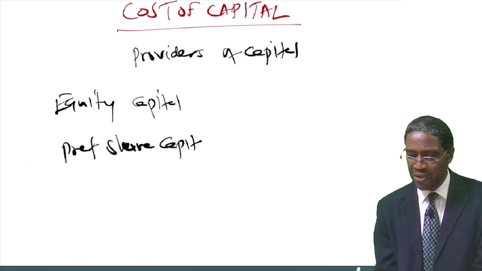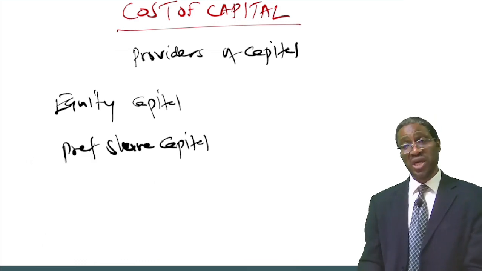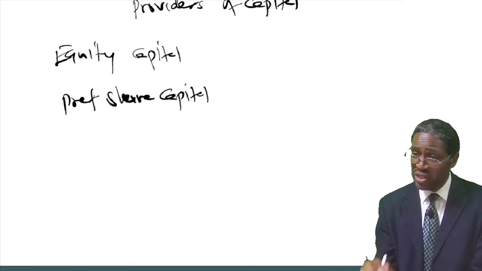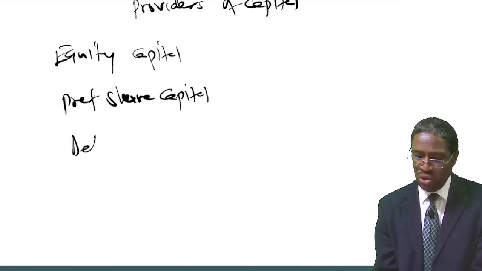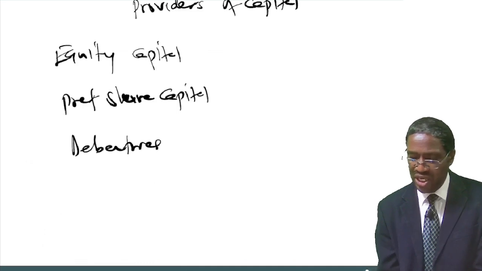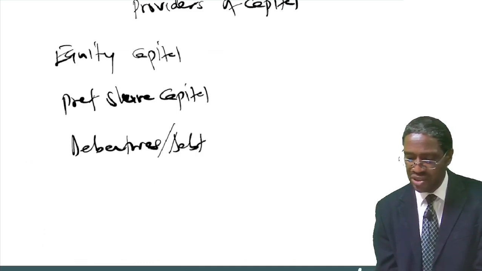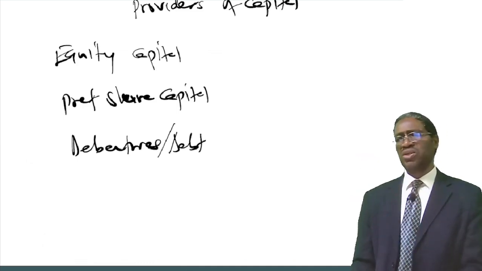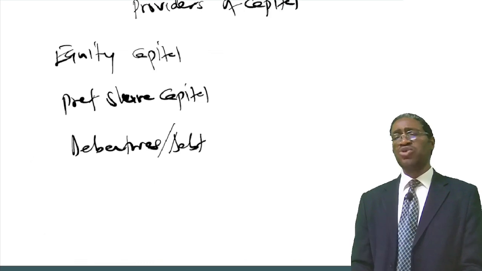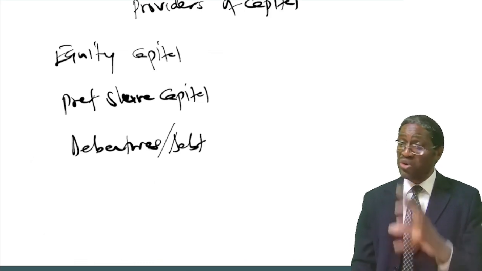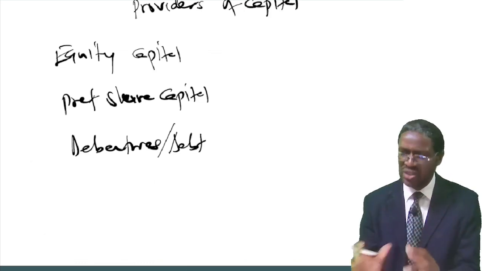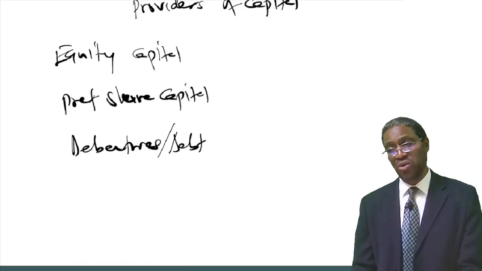The third way is through the issue of debentures, or debt instruments. So these are the different sources of capital, and each of these sources has its own cost.